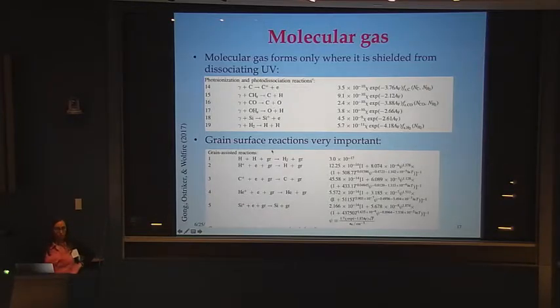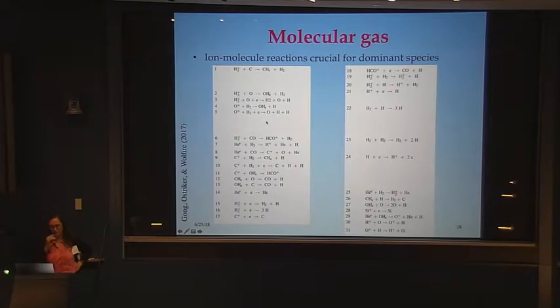Grain surface reactions are quite important. There's a minimum time scale for molecule formation, and you can get that just from balancing the formation with dissociation using the grain reaction rate. So that's a minimum time scale that you need.